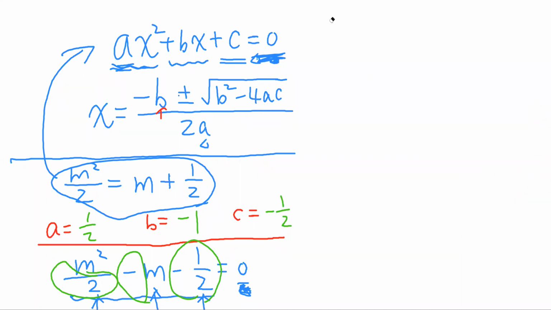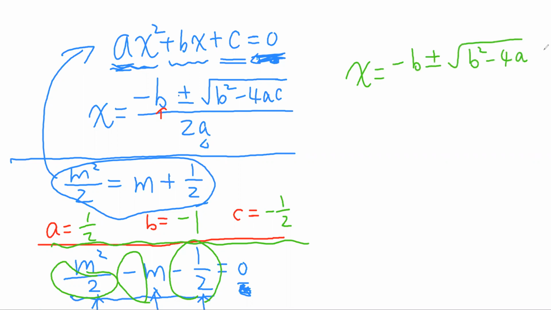All right. Since we know that now, a is decided, b is decided, and c is decided. So x equals -b plus or minus the square root of b squared minus 4ac, the discriminant, over 2a.